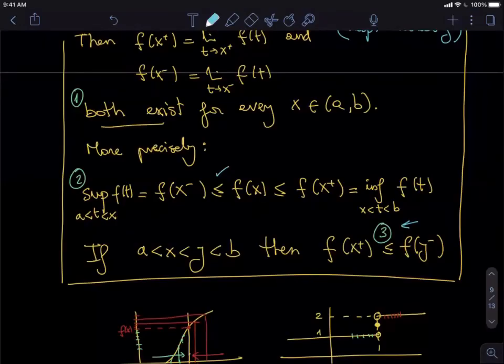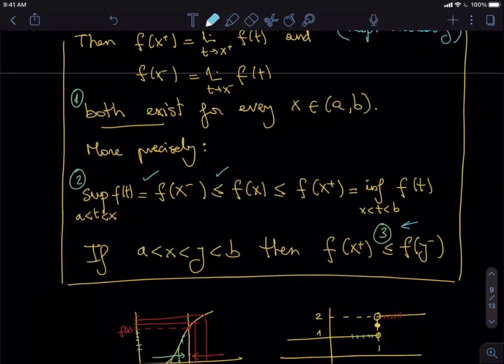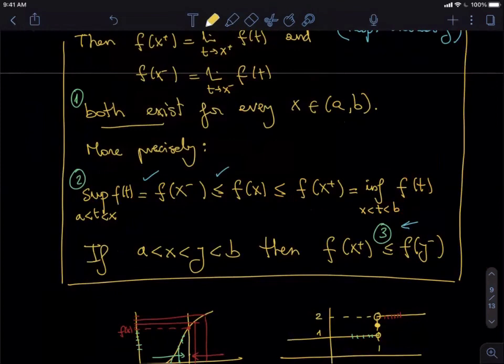Just one quick comment. So we have proved actually this one too. Okay, to prove this part of the inequality number 2, we would repeat the argument we have done, but instead of the supremum, we would take the infimum. Okay, but the argument is exactly the same. So let's focus on number 3.